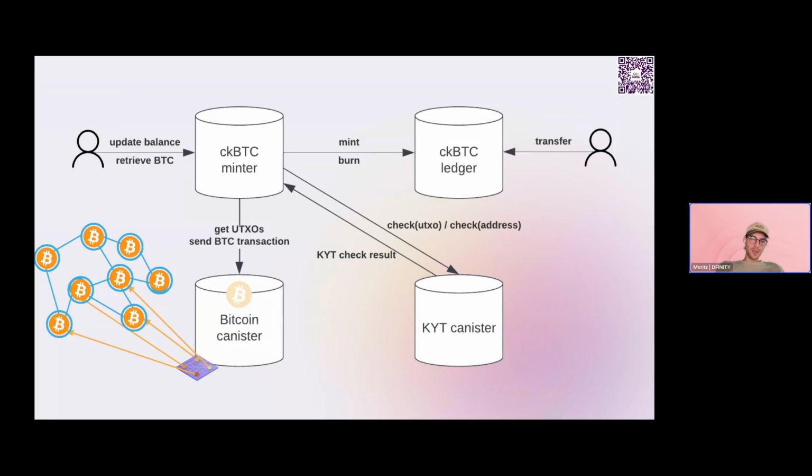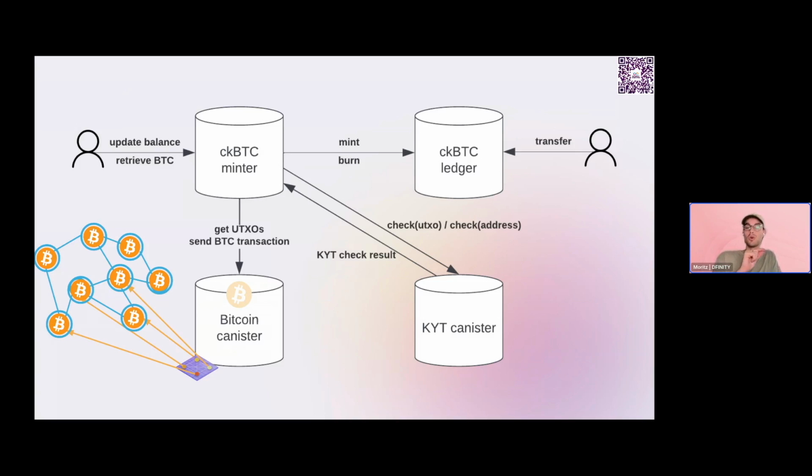Like I said, ckBTC is easier to integrate because, instead of using those low-level Bitcoin integration API methods, you as a developer can simply interact with the ckBTC ledger like with any other ICRC-2 ledger on the Internet Computer. ICRC-2 is basically the equivalent of ERC-20 on Ethereum, so it's a token standard. Additionally, ckBTC, as opposed to Bitcoin on the Bitcoin network, can be transferred with a very low finality time.